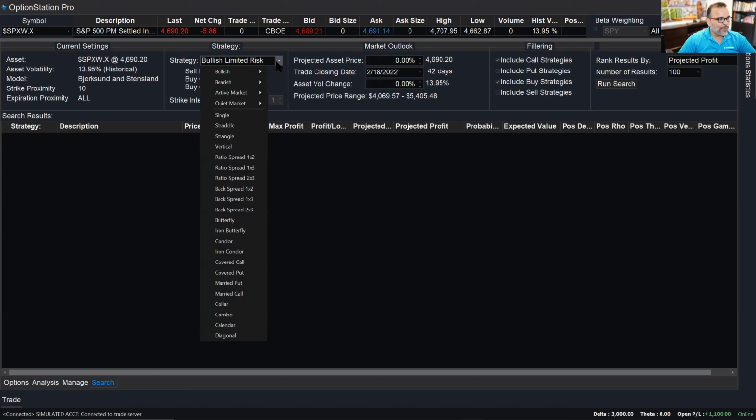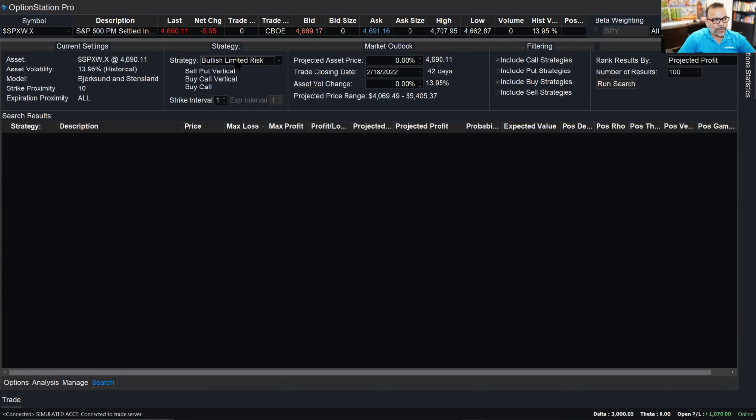Now, if we want to leave things open like an active market, considering that price goes up or down, we can do active market limited risk. But let's say that the price will go up, so we'll say bullish limited risk. Okay. Do we have a projected asset price that we want to test?